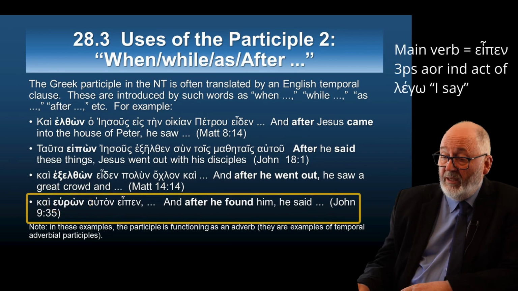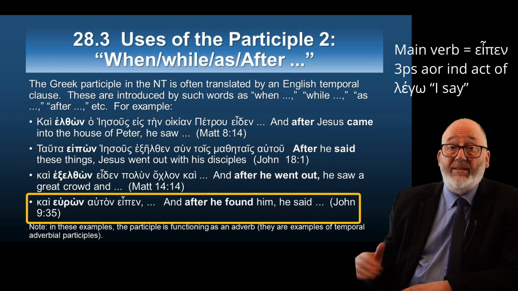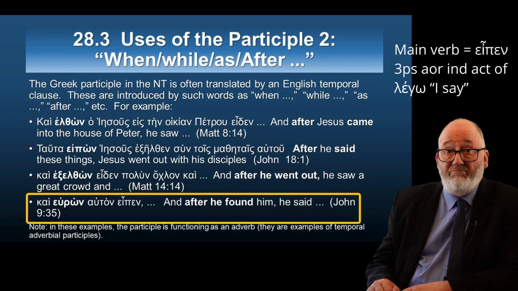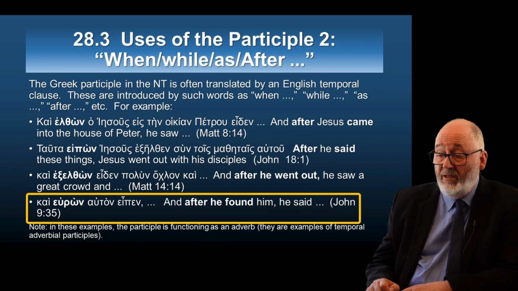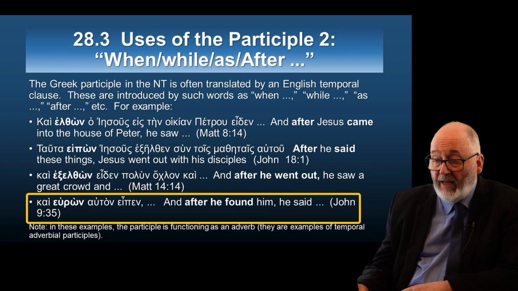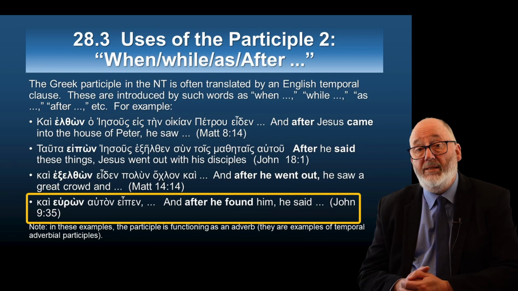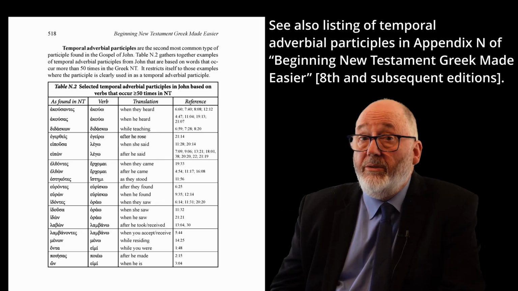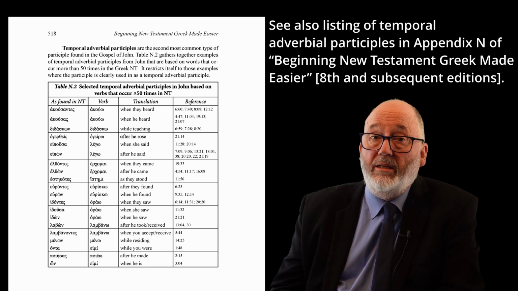The main verb is eipen. The main verb is in the indicative mood, and it usually is, or often is. He said, and when he found him, he said, or after he found him, he said. So these are all examples of translating the participle as an adverb.